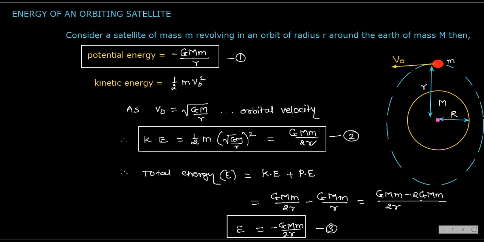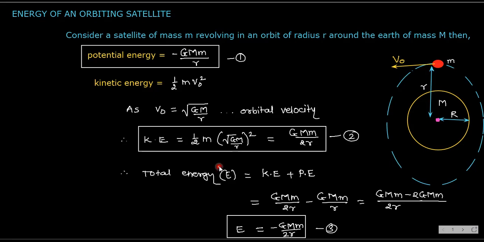This is the kinetic energy we got. I have the potential energy of that satellite at that particular point. Can I find out the total energy? Yes. So what is total energy?